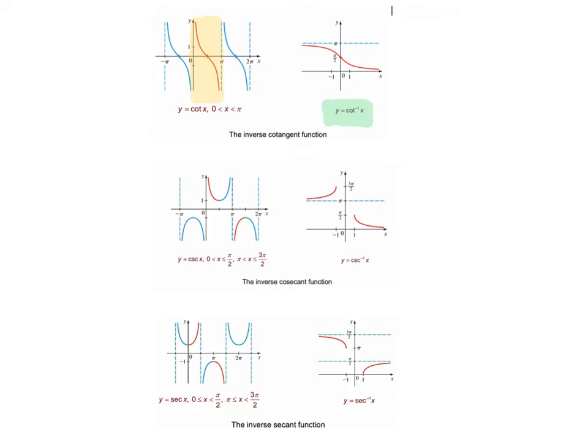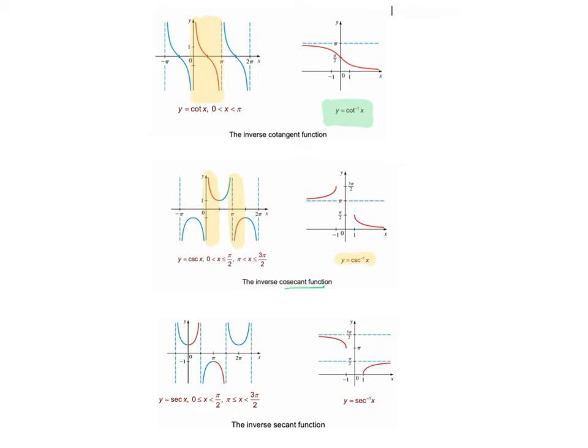Now, first, for our inverse cosecant, this one is kind of fun, kind of different. We're just going to be in this little section from 0 to pi over 2, and then here from pi to 3 pi over 2. And that allows us to have a cosecant function that is defined.